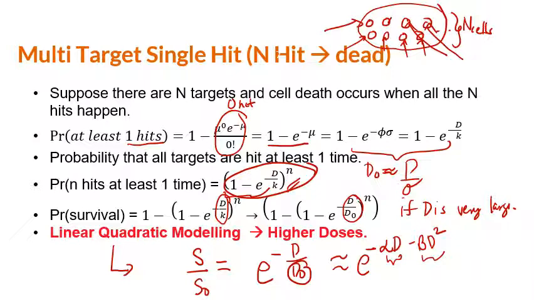So pwede nyo i-model yan in such a way na ganyan dun sa experimental data na makukuha nyo. So actually, class, may mga experiments on which they model it with real cells, and the linear quadratic model gave a better fit than a simple linear model.